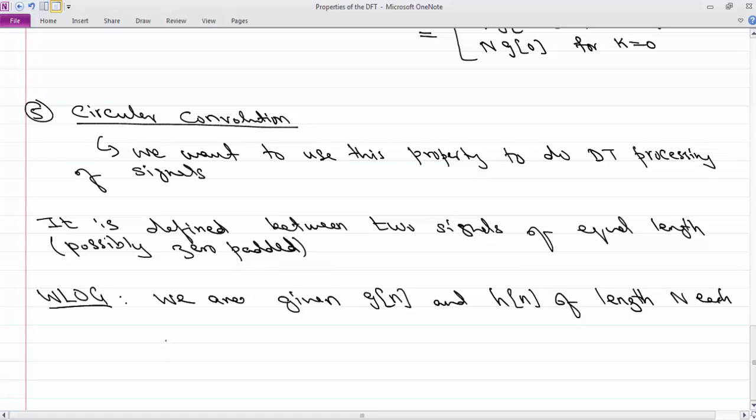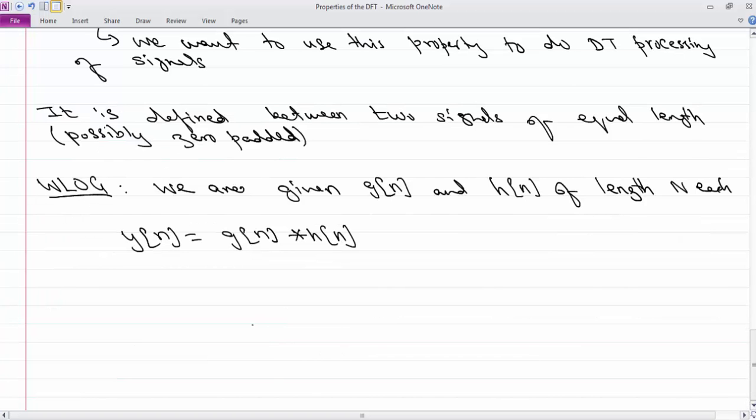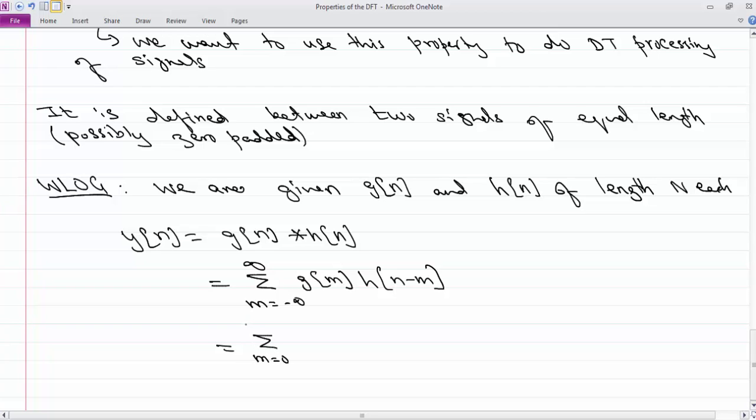Now, in linear convolution, let's say we are interested in computing the linear convolution y[n] equals g[n] convolved with h[n]. That is simply the sum over m from minus infinity to infinity of g[m] h[n minus m]. And since g is of length N, I can just write that as the sum over m from 0 to N minus 1 of g[m] h[n minus m].